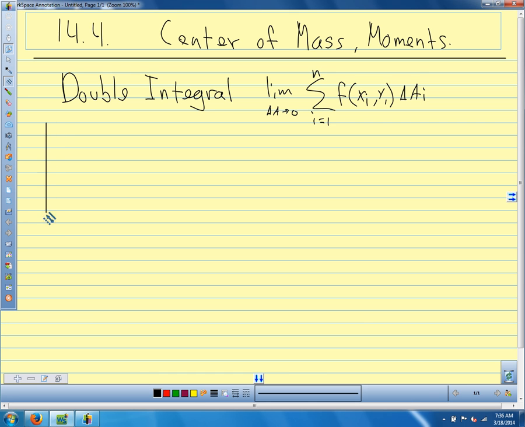So we're talking about planar lamina again. We have a little section of some material here in the xy plane. And we're saying that the mass of this little piece is m sub i. Our coordinates here are x sub i and y sub i of this little section of material.